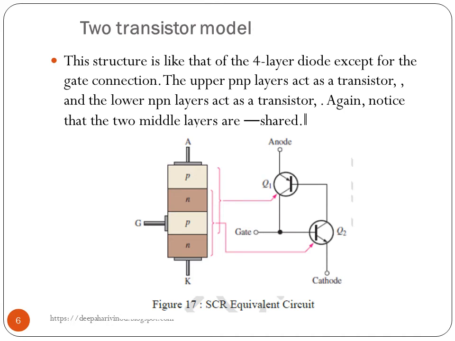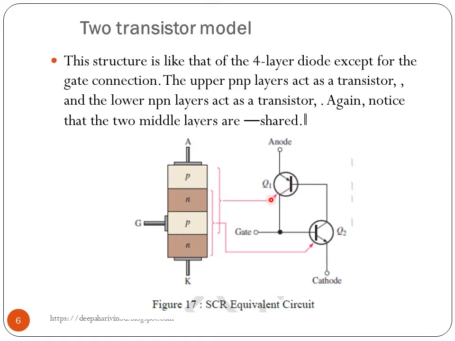Two transistor model. In this structure, we can see that a transistor has three regions, either PNP or NPN. If I take PNP, that acts as one transistor, and again NPN. So we can see that two transistors are connected in some manner. One is PNP, and this one is an NPN transistor.